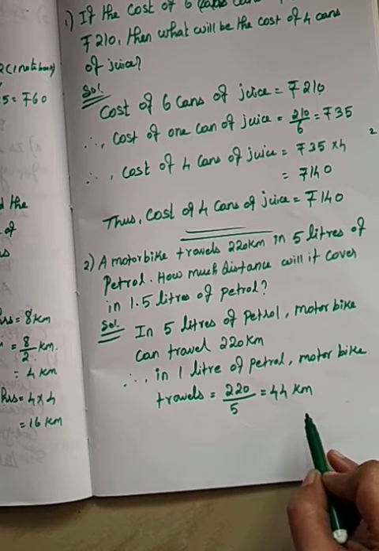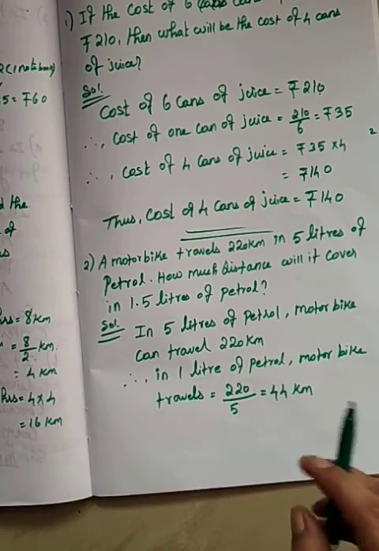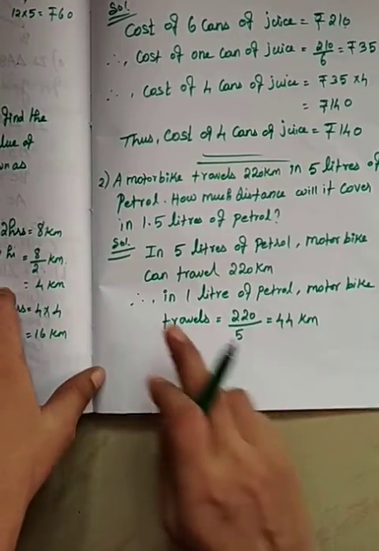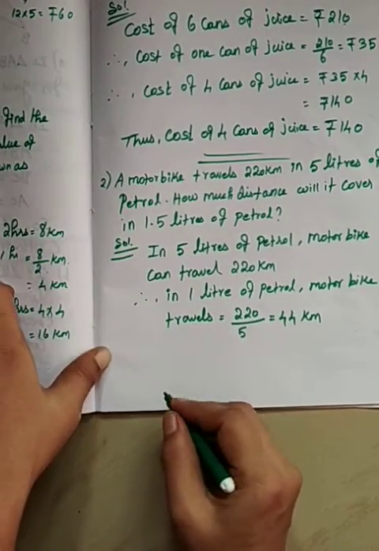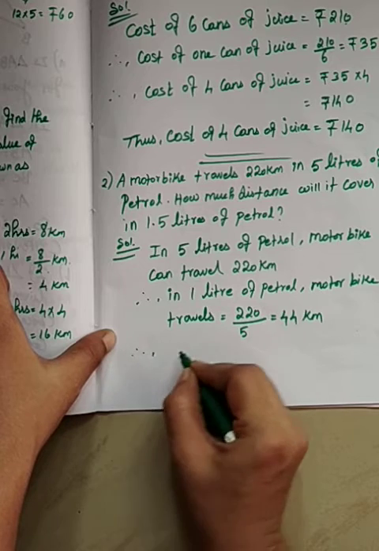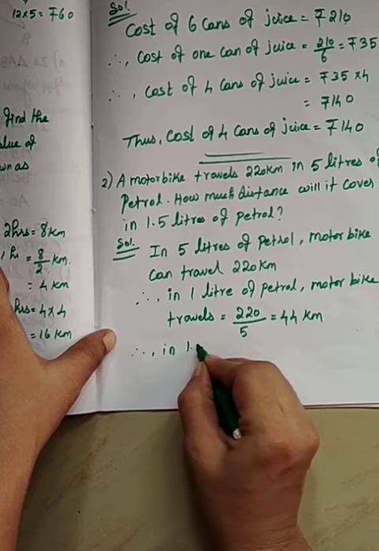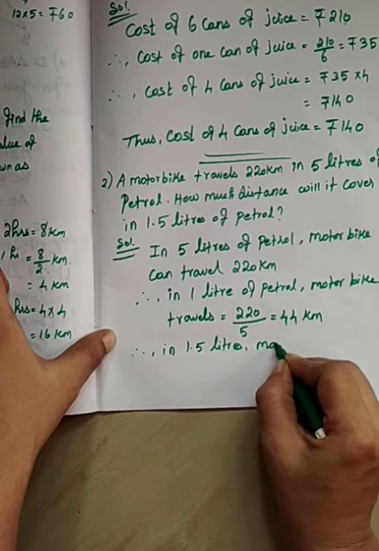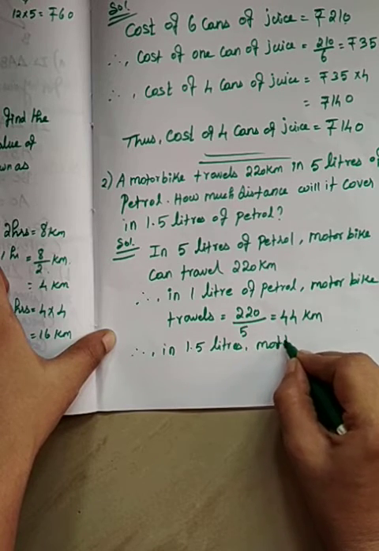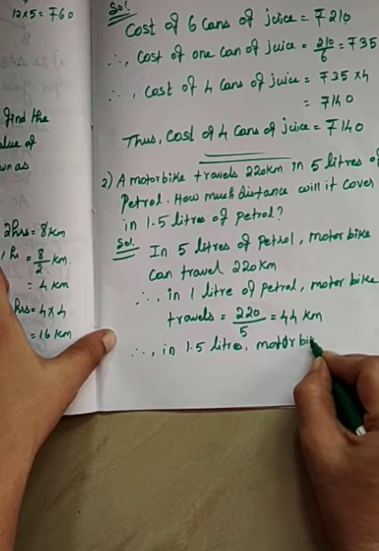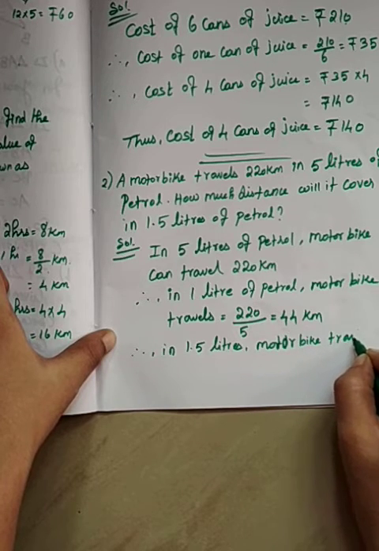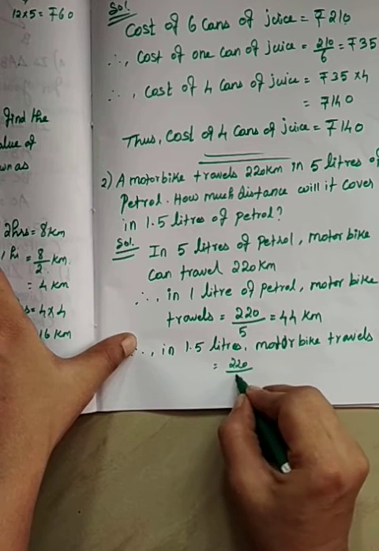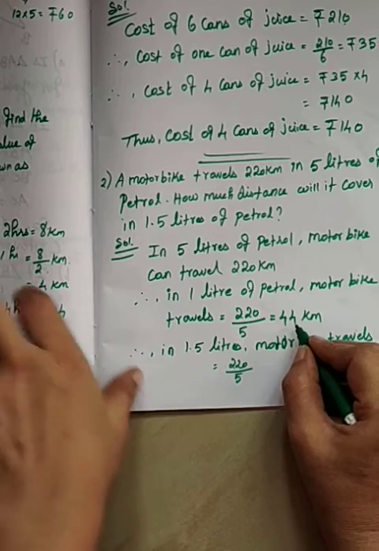Now what do you have to find? 1.5 liter of petrol, right? So that means the distance will it cover in 1.5 liter of petrol. So we have to write, therefore in 1.5 liters motorbike travels is equal to 220 divided by 5, that means 44, right?